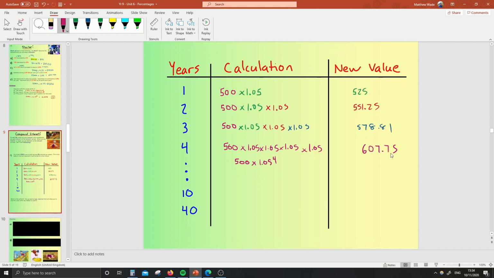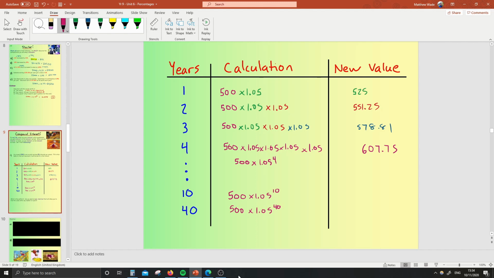So if you want to know how much it's worth in 10 years, it'll be 500 times 1.05 to the power of 10. That's right. 40 years? 500 times 1.05 to the power of 40, because it was times by 1.05 40 times in 40 years. What are those answers, just out of curiosity?